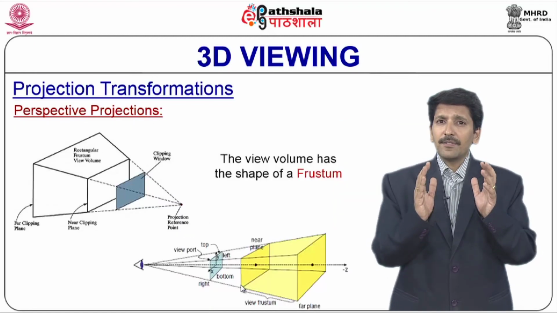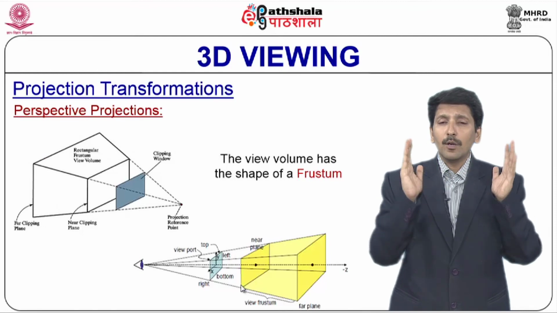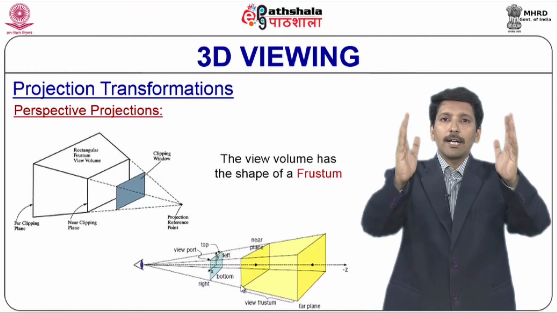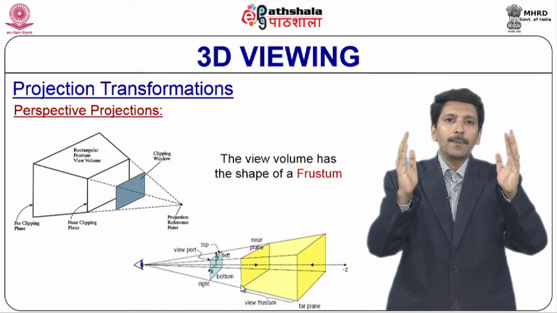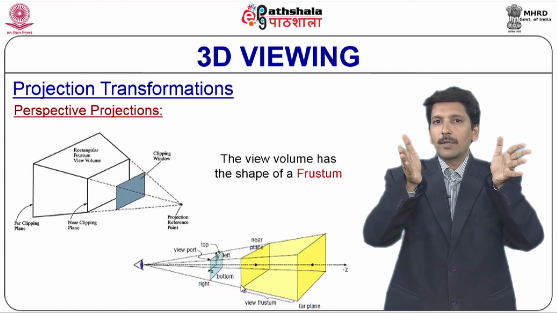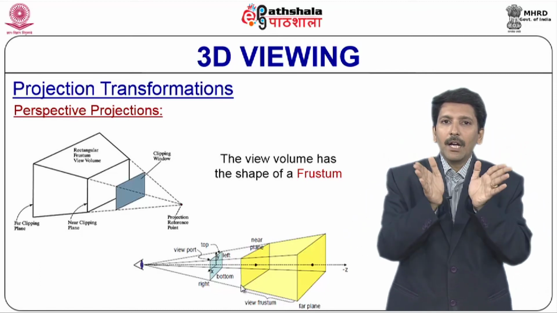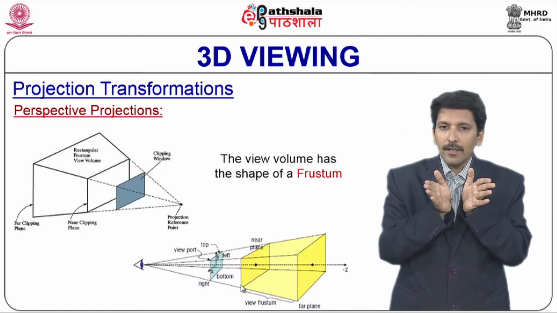Now, with distance, if size has to reduce, what should be the view volume? The view volume in the case of parallel projections is a rectangular box open in the front and the back. The view volume shape in the case of perspective projections is a frustum, a shape that is broader in the front and narrower at the back.